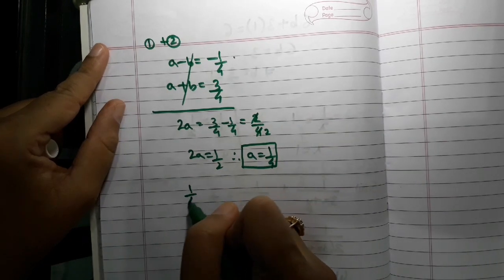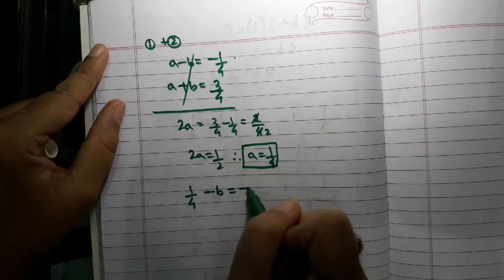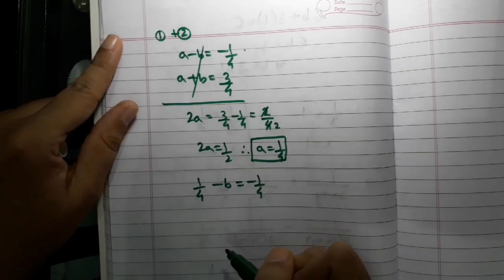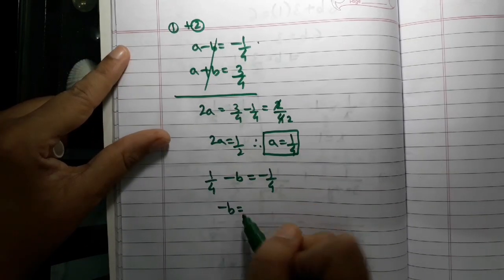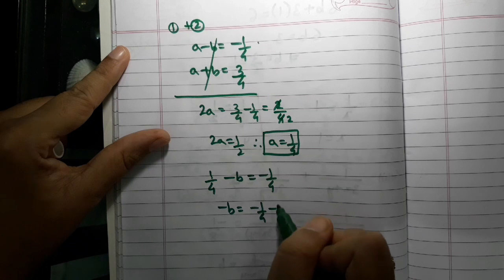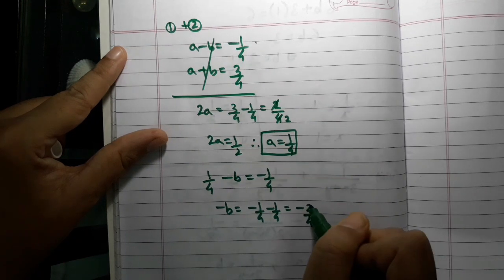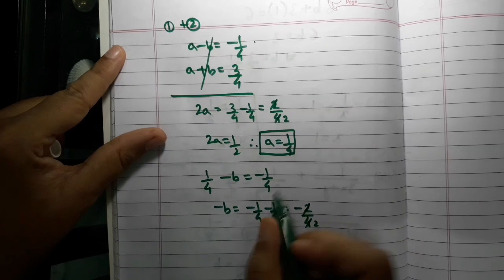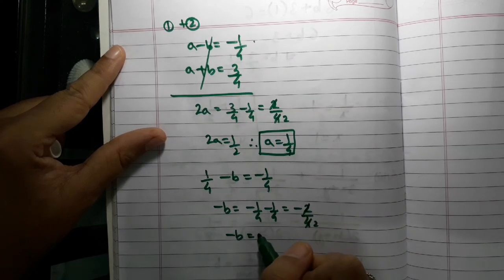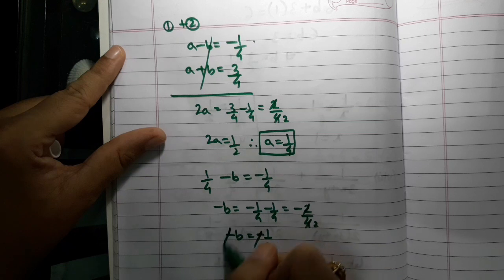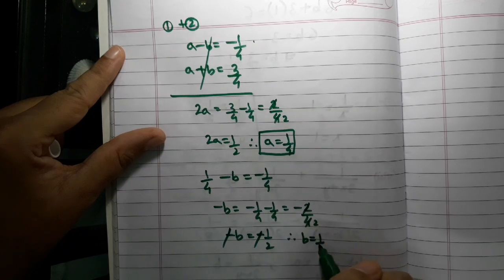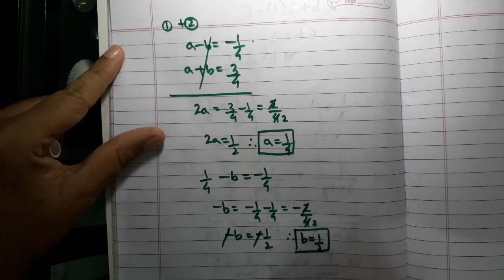So we obtain a minus b is equal to minus 1 by 4. So from here minus b is minus 1 by 4 minus 1 by 4, which is minus 2 by 4, or minus 1 by 2. So the value of b obtained is 1 by 2.